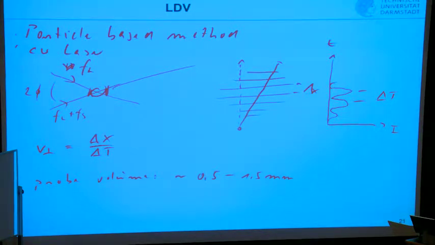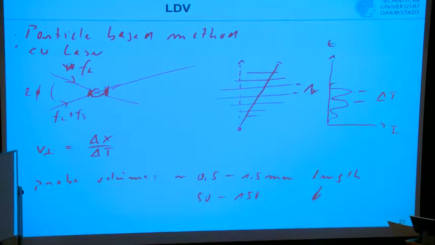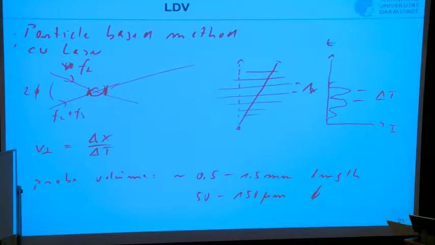And perpendicular to that, you have a diameter in the order of 50 to 150 microns. That as well depends on your focal length. It depends on the beam diameter at the lens as the most important parameters, because the wavelength typically is given by the laser you're using.